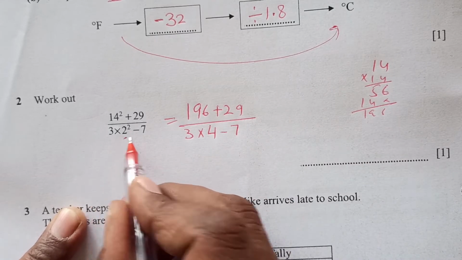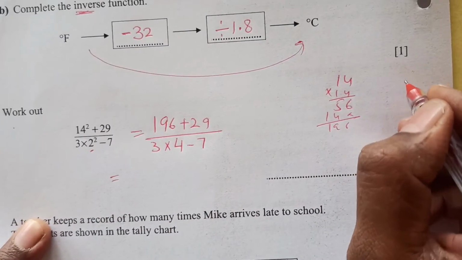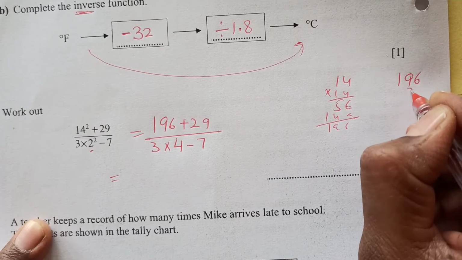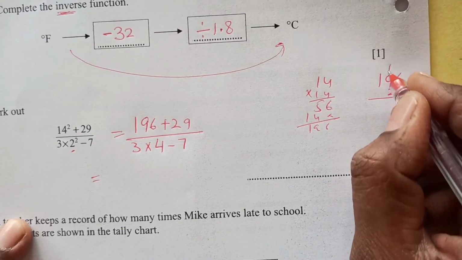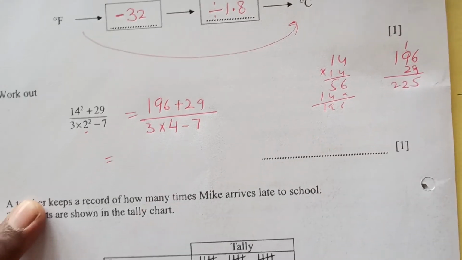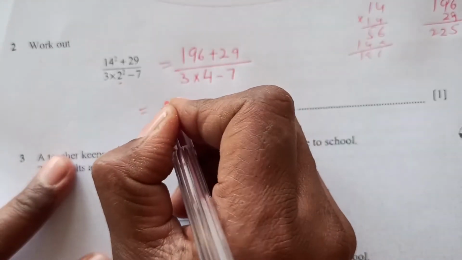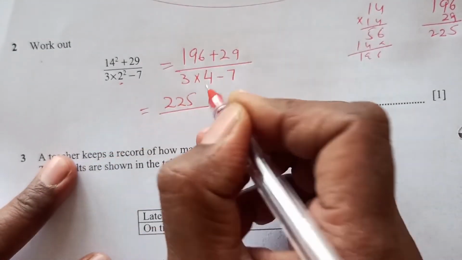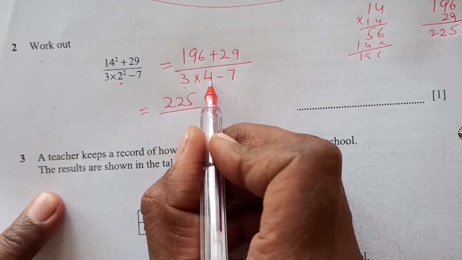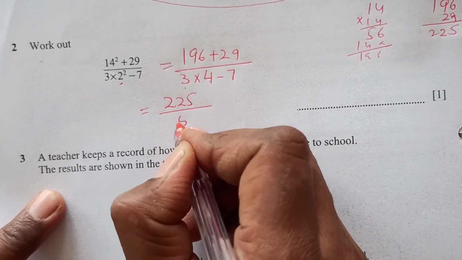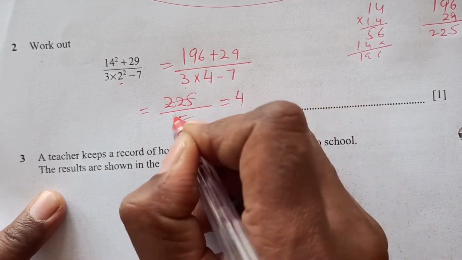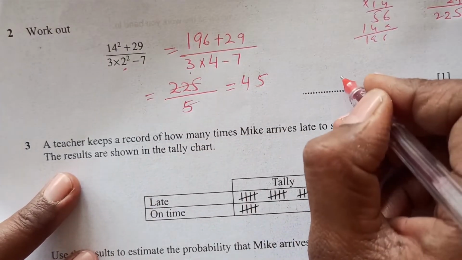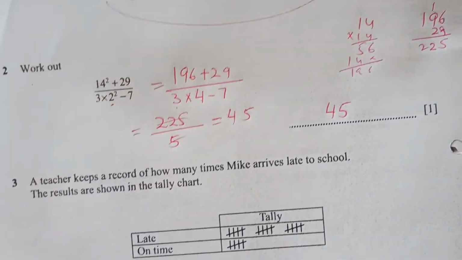Now 196 plus 29 is 225. 225 over 4 times 3 is 12, 12 minus 7 is 5. So divide by this, 225 divided by 5 is 45, right?